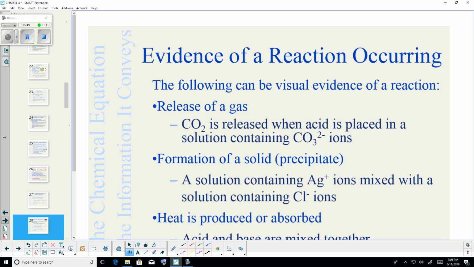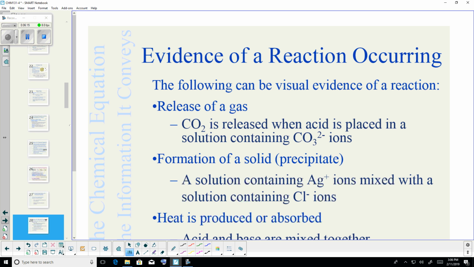You see a lot of bubbles. That's the old make a volcano project when you were in grade school. So you can see a release of a gas. CO2 is released when acid is placed in a solution containing carbonate ions. You can see a solid form, a precipitate. If I mix silver ions with chloride ions, I see a precipitate of silver chloride.